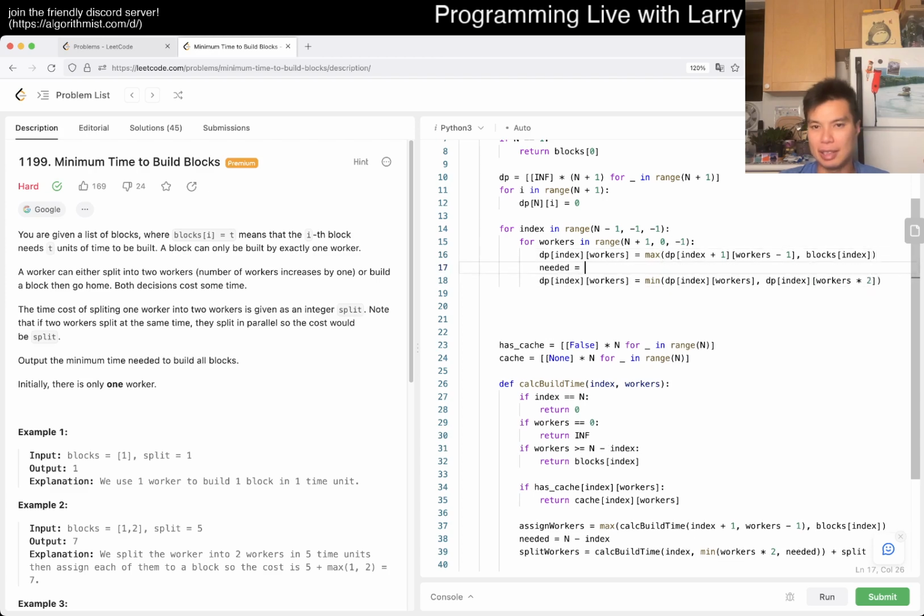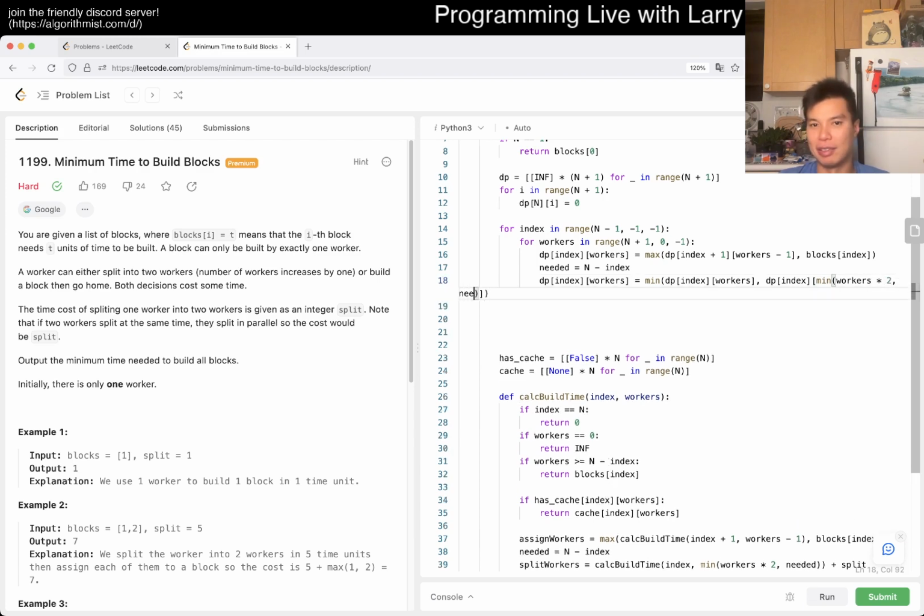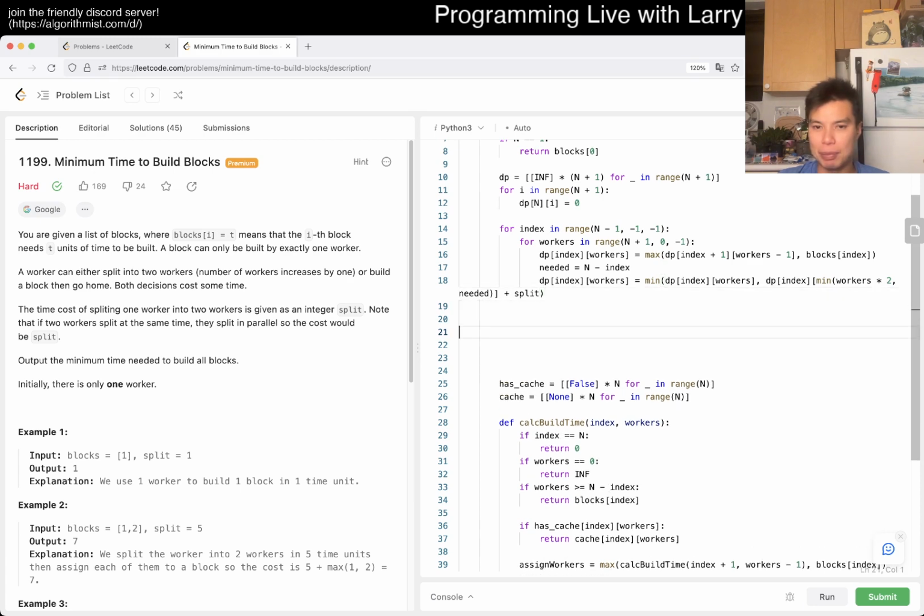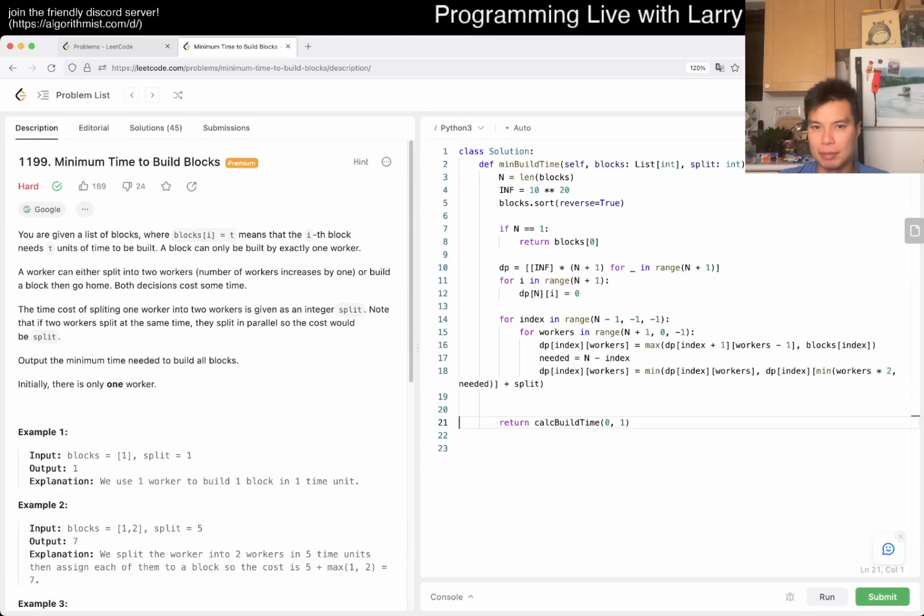And you can see how the way that I write it is way copy and pasty, right? So hopefully it doesn't look too intimidating. Plus split. Okay, don't forget about split this time. And that's pretty much the idea. And then we can just return dp of 0, 1, and should be good.